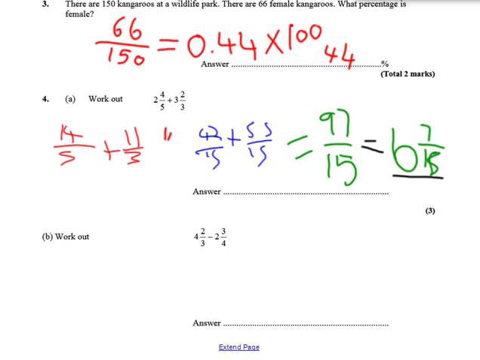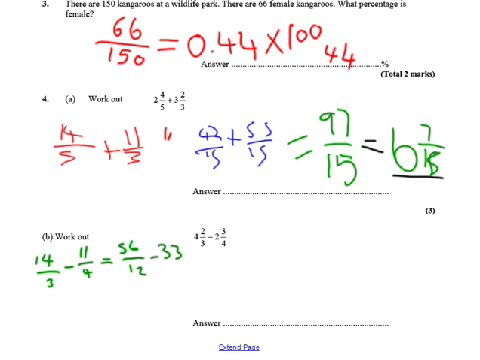So on to 4b. We've got Rahima, who's going to do 4 2/3 minus 2 3/4. So first of all, she's going to convert into top heavy fractions again. Now we need to get a common denominator for 3 and 4. So they can both go over 12.